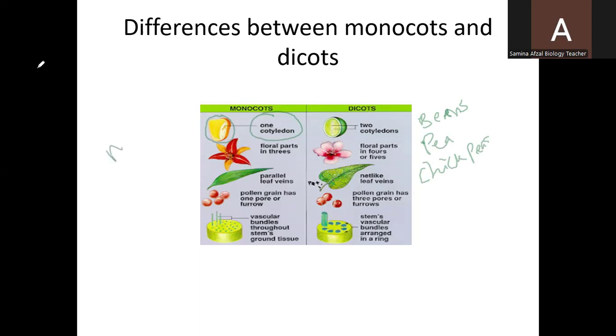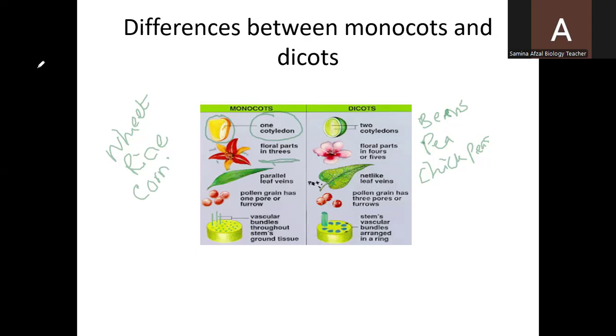Here, wheat, rice, or corn. And floral parts are in threes, 1, 2, 3, and multiples of 3.